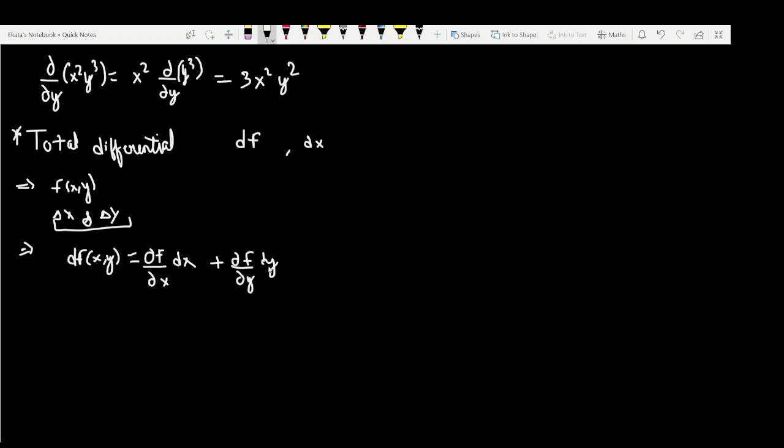That's great. We can define that small change in the function in terms of its partial derivative with respect to x and its partial derivative with respect to y, and this is a very powerful property, known as the total differential.